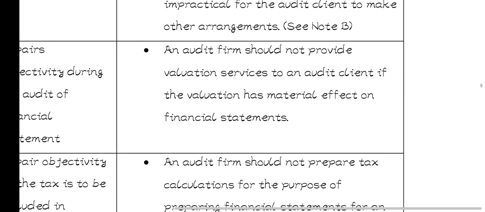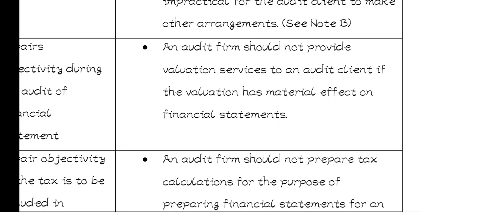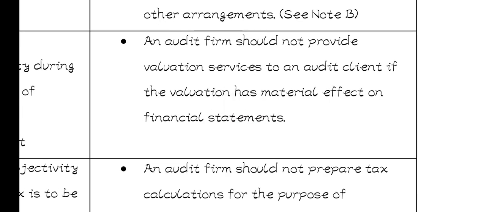So the safeguard here is that an audit firm should not provide valuation services to an audit client if valuation has material effect on the financial statements. So KPMG should not provide valuation services to MTN if what they're valuing has material effect on the financial statements.